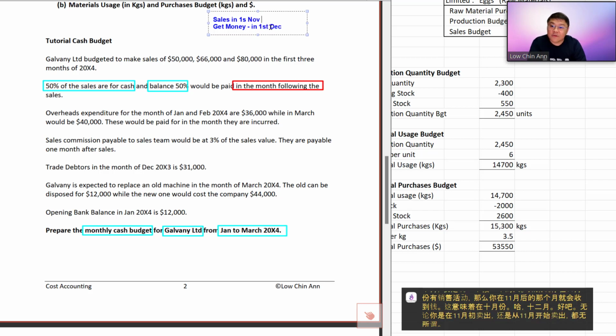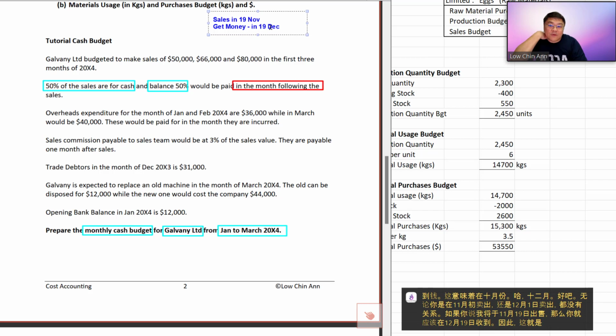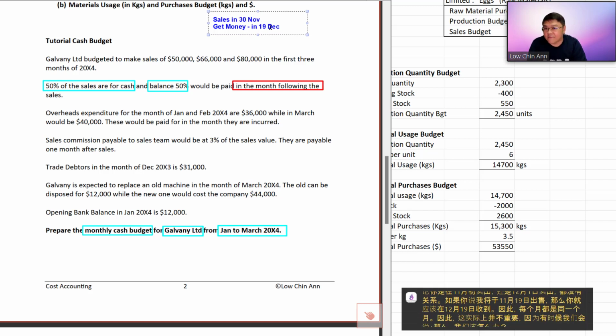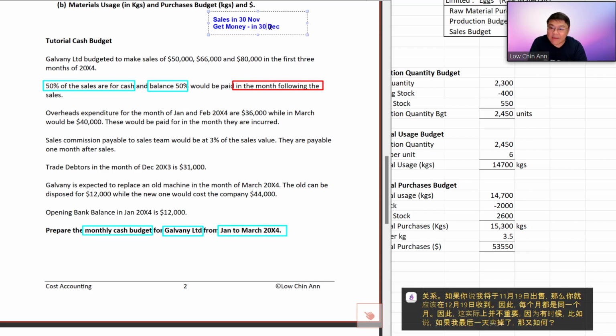If you sell on 19th of November, then you get it on 19th of December. So it's always the same date. Students sometimes say, what if I sell on the last day of November? It's okay, you will get the money on the last day of December. It's still in December. So don't worry about exactly what the date is.